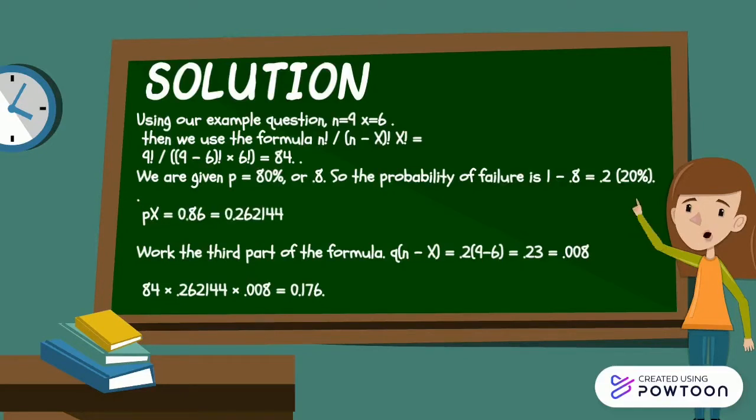Then we are given p equals 80% or 0.8, so our probability of failure is 1 minus 0.8, which is 0.2, or 20%. So P(x equals 6) equals 84 times 0.8 to the power of 6 times 0.2 cubed, which is 0.26244. Work the formula out, and with that you will get 0.17.